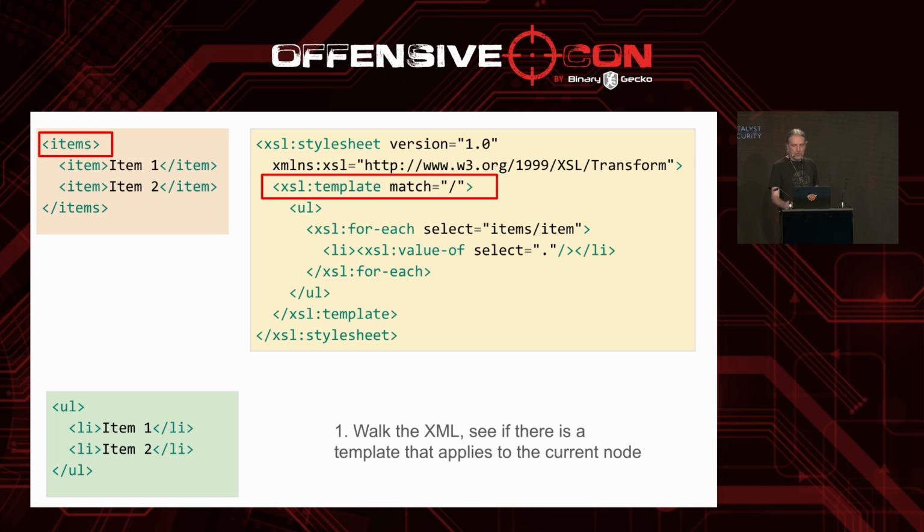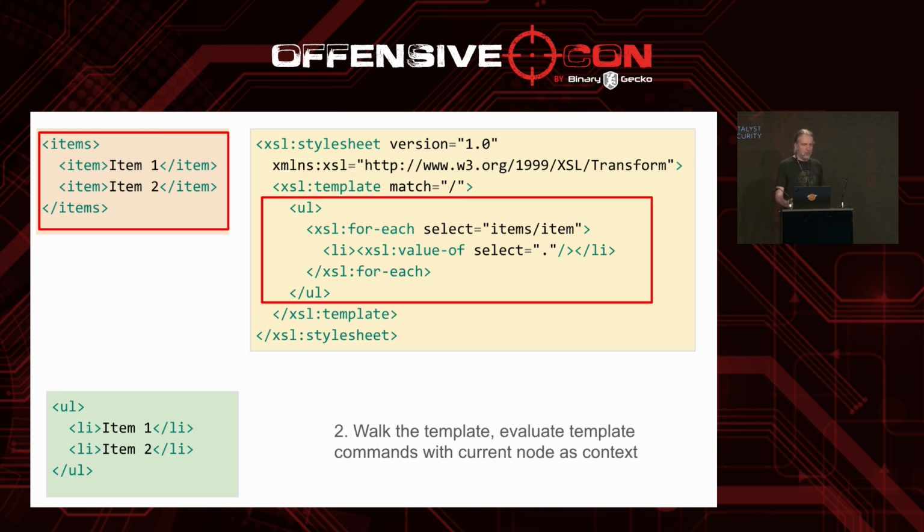And then at this point, we apply the corresponding template to the element that matched it and its children nodes. And at this point, we stop traversing the source document and instead start traversing the elements inside the template, and we execute any XSLT instructions that we encounter along the way.